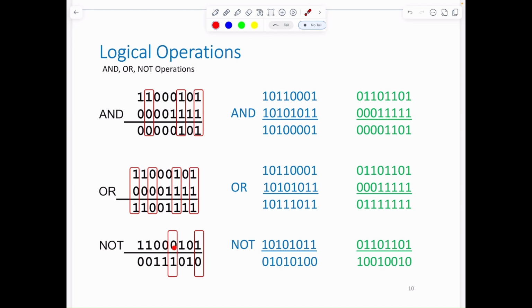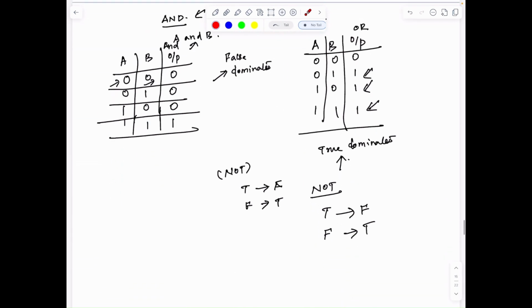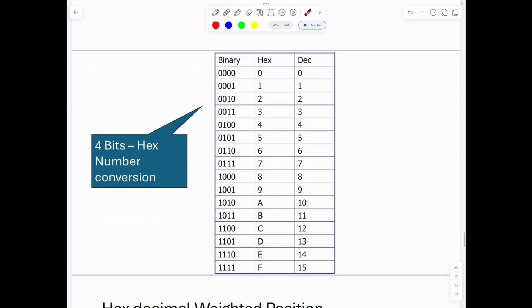Here it is true, true. This is the only case. This is one of the cases like false and false, or false. It is false. Again, false OR false, it is false, right? 0 OR 0, it is 0.